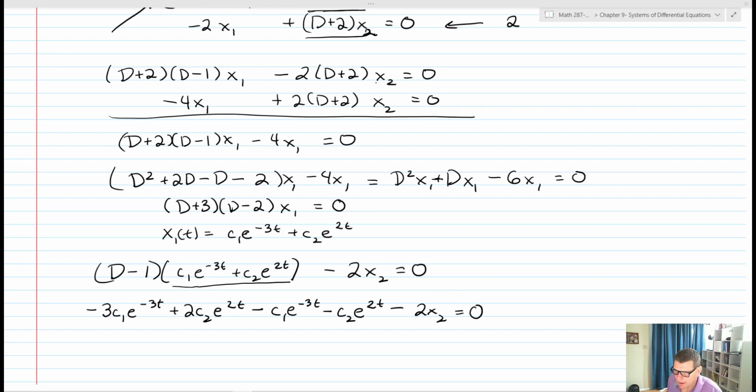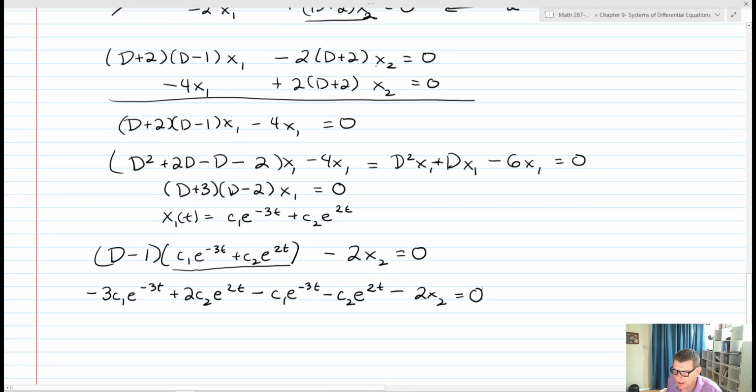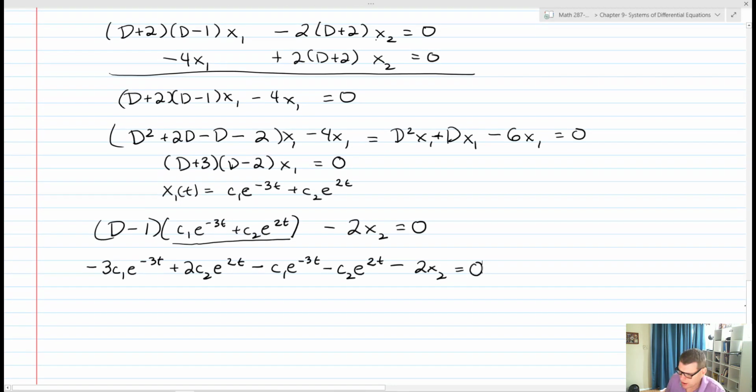Now I can just rearrange to give me everything that I want. We'll combine like terms, so it's going to be negative 4 c1 e to the negative 3t plus c2 e to the 2t, minus 2 x2 equals 0.